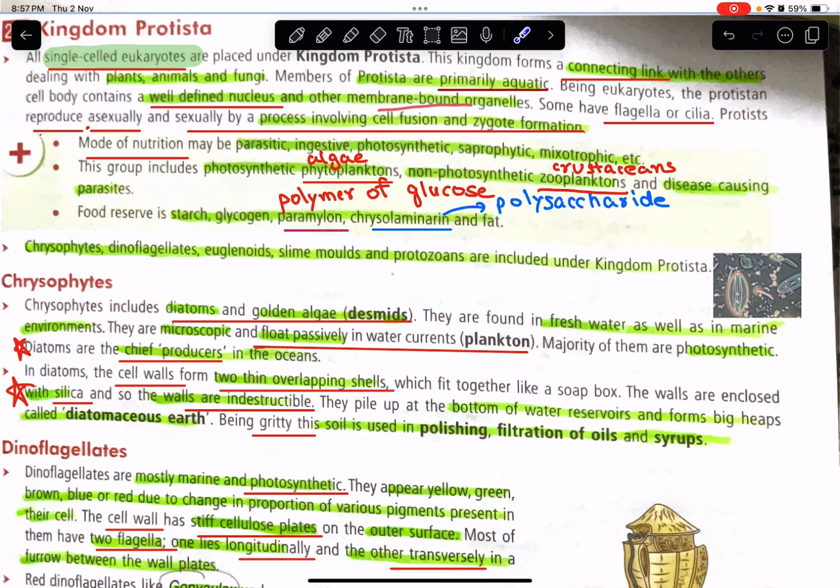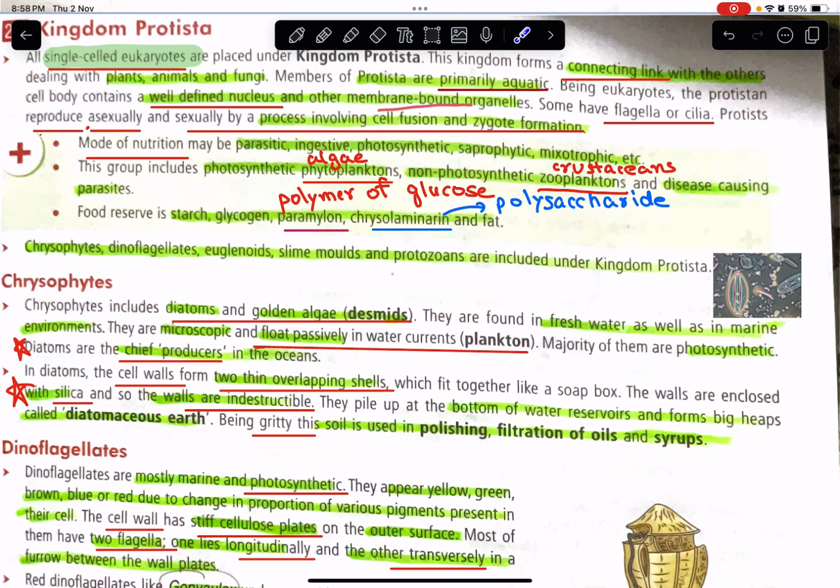They are microscopic, which means you cannot see them with the naked eye, and they float passively in water currents. They are free floating, and such organisms are known as planktons. So chrysophytes are planktons. The majority of them are photosynthetic, that means they can produce their own food.